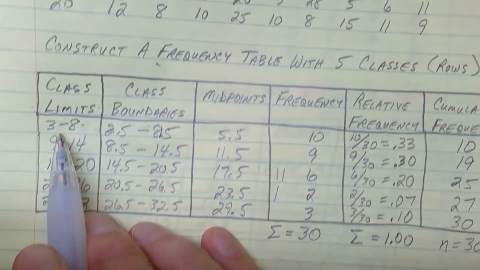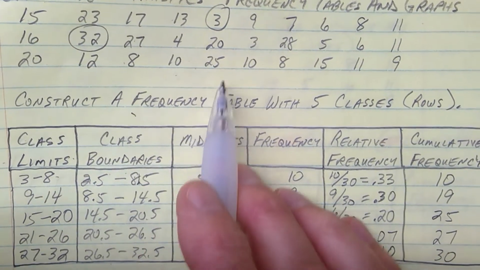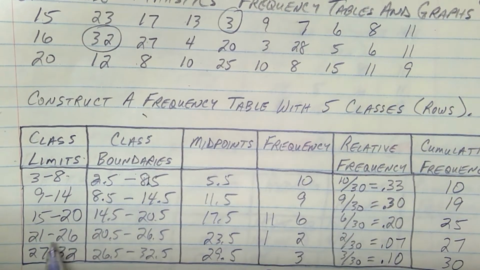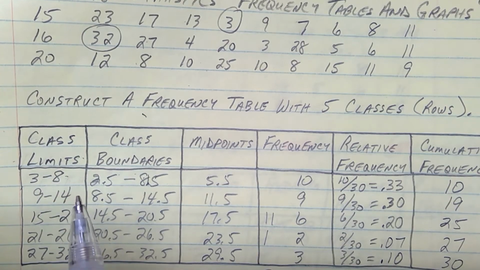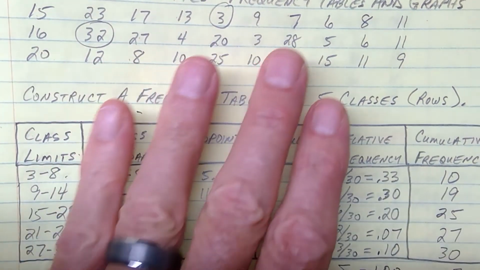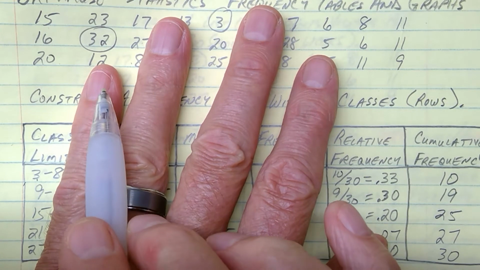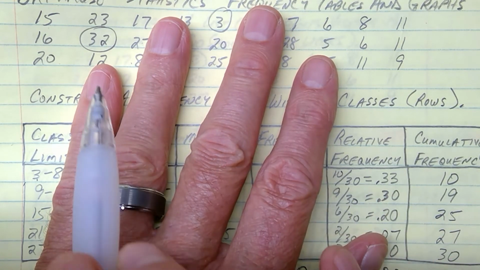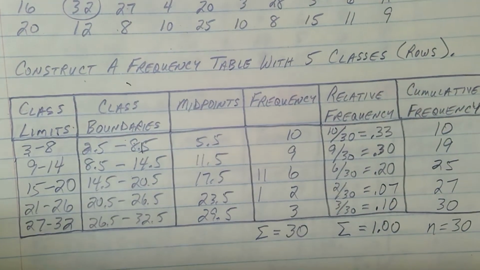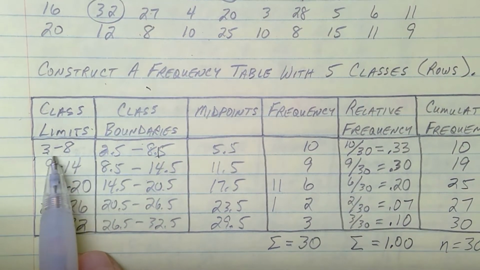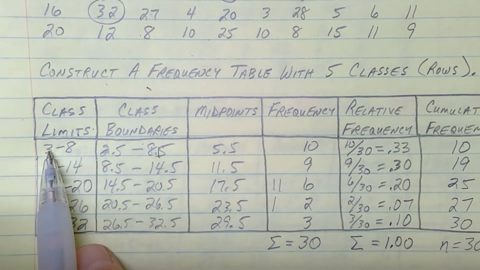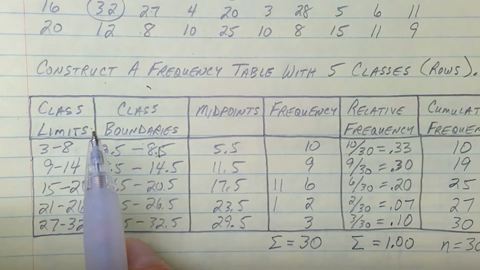All right, so starting with our lowest number, 3, I want to include 6 numbers in each row. It's just easiest if you just do counting it on your fingers. Starting with 3, it'd be 3, 4, 5, 6, 7, and 8. That'd be 6 numbers. That's where we got the 3 through 8. It's hard to do mathematically because 8 minus 3 is 5, and that doesn't really work. We want 6 numbers.